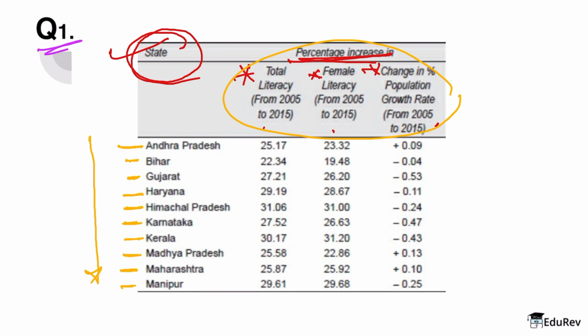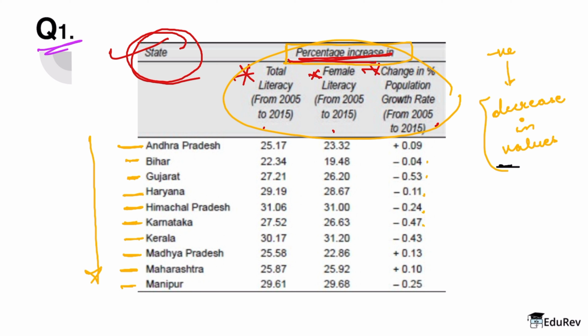Here, percentage increase is given. Now you can see in percentage increase there are some values which are negative. So this negative value indicates a decrease in values.